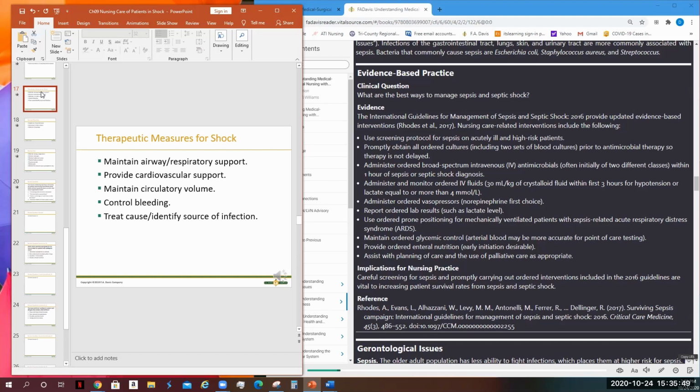Administer and monitor ordered IV fluids, 30 milliliters per kilogram of crystalloid fluid within the first 3 hours for hypotension or lactate equal to or more than 4 mmol per liter.